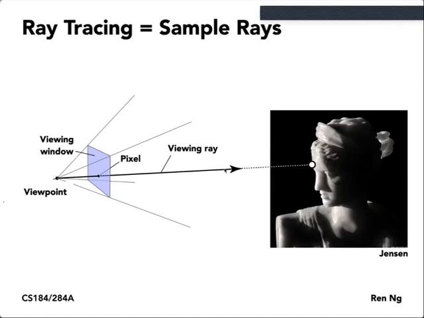And then here's a cartoon for some kind of object in the world, in this case a marble statue. You can see that ray is going to go out and hit the marble statue somewhere. And we're going to try to evaluate the lighting that comes back along that ray towards the image. So that's a lighting function. And this ray tracing process is going to be sampling the space of rays. So ray tracing is sampling as well.